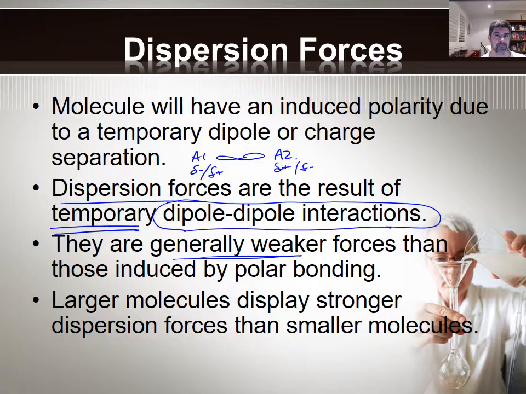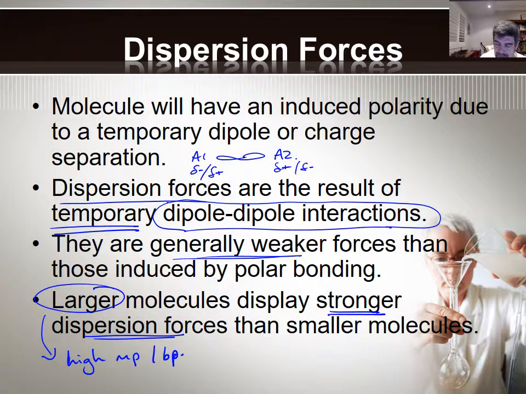However, one of the important things to remember is that if we have very large molecules, then they can also display a relatively high melting or boiling point, simply as a consequence of the fact that there are a larger number of dispersion forces per molecule than their smaller cousins.